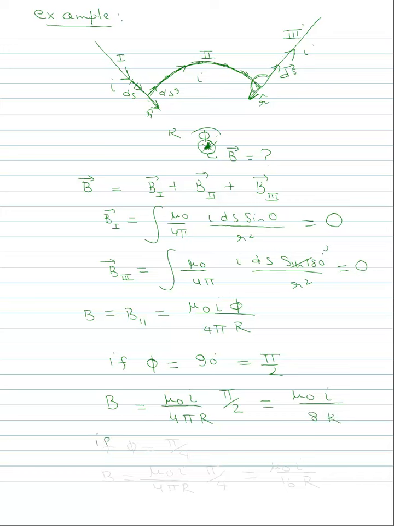Similarly, if phi was equal to pi over 4, in this case B would be equal to mu 0 I over 4 pi r times pi over 4, and that's equal to mu 0 I over 16r.